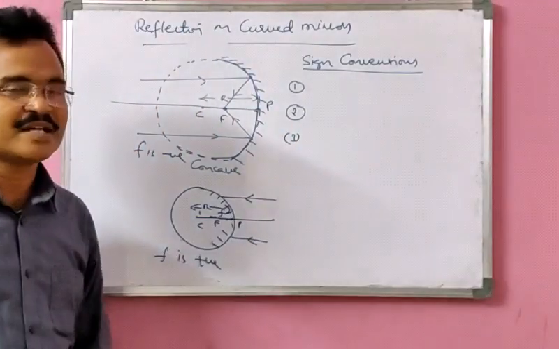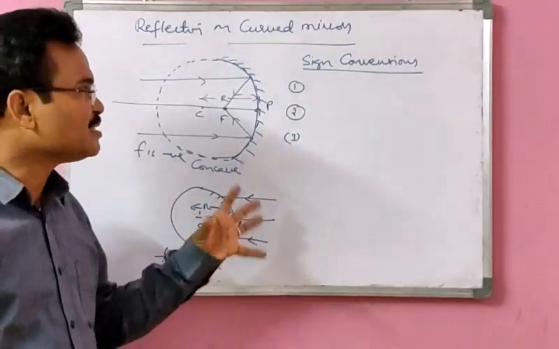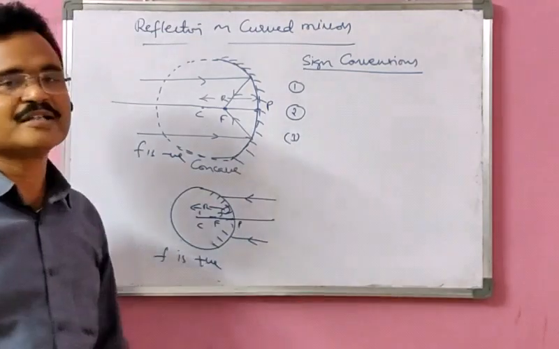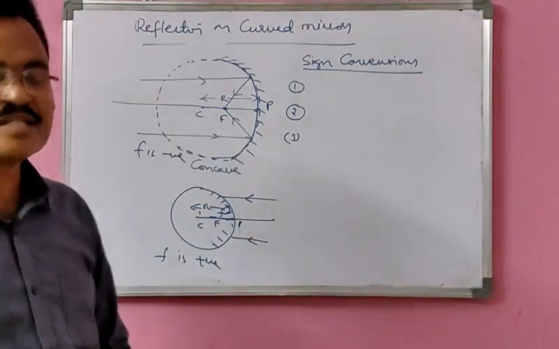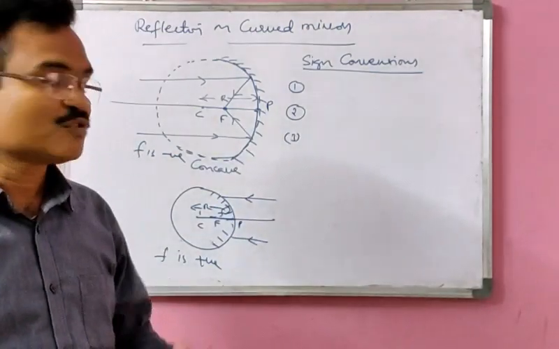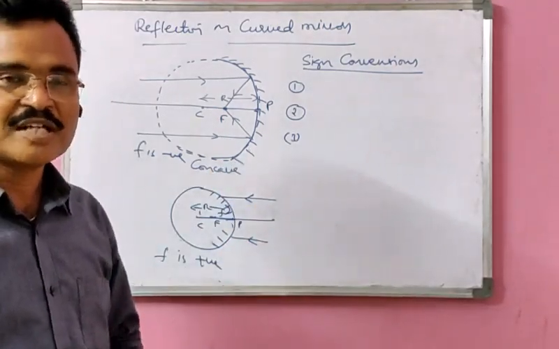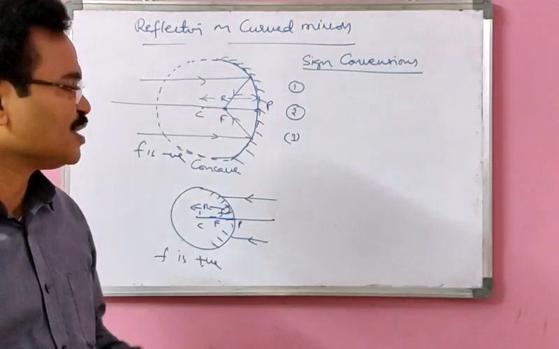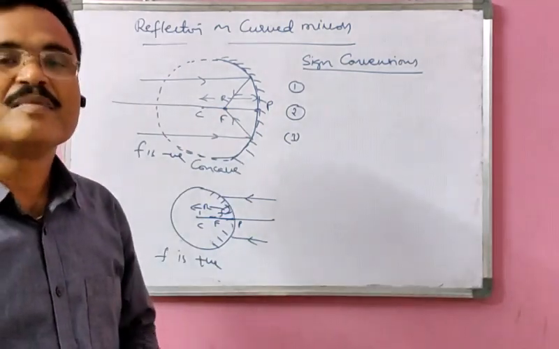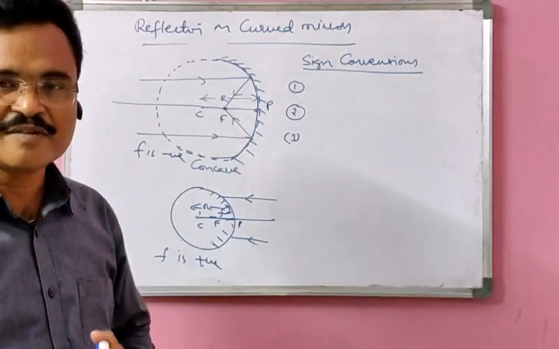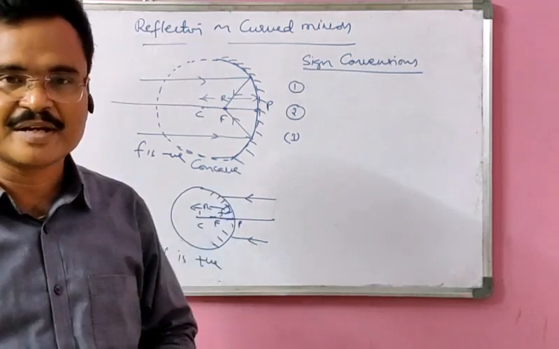So these three sign conventions are followed in this lesson in order to locate the position of the object and image clearly. These are very, very important sign conventions. Once again, I'm repeating. First one: all distances must be started measuring from the pole of the mirror.